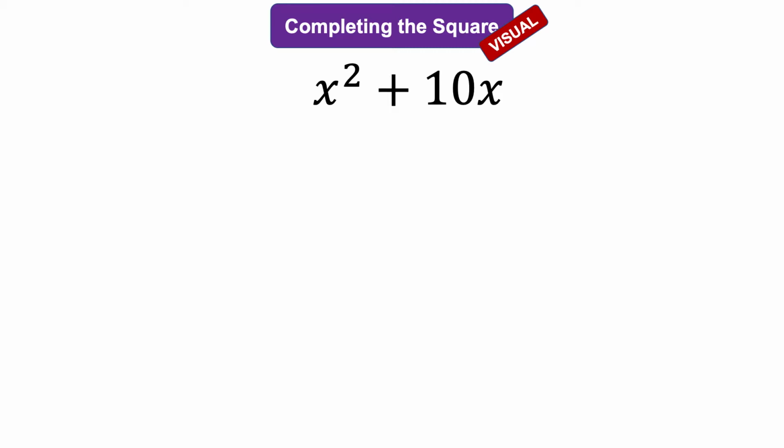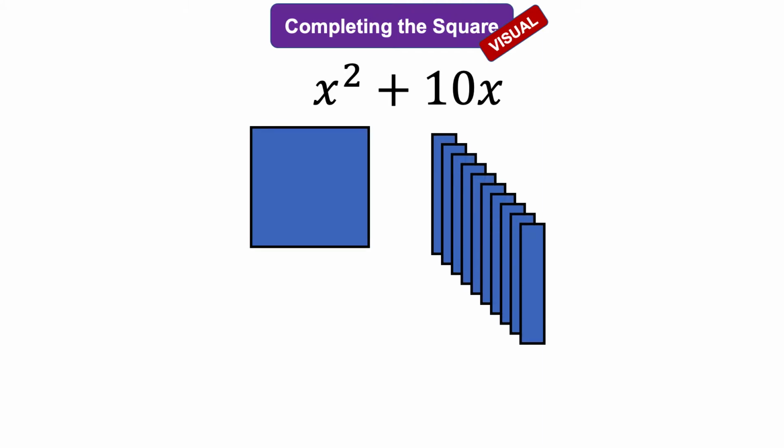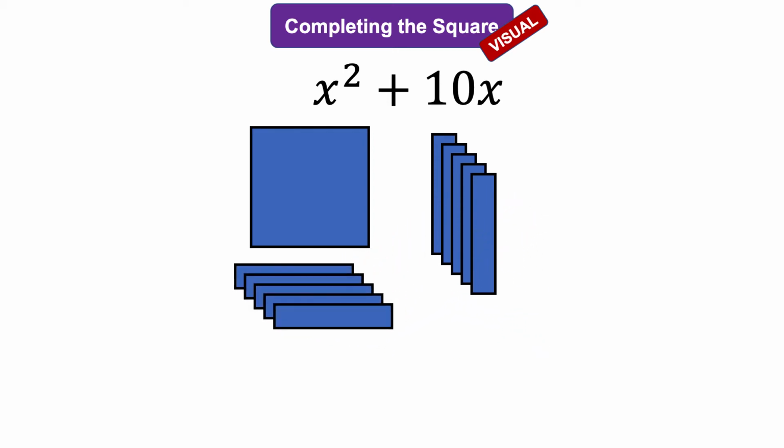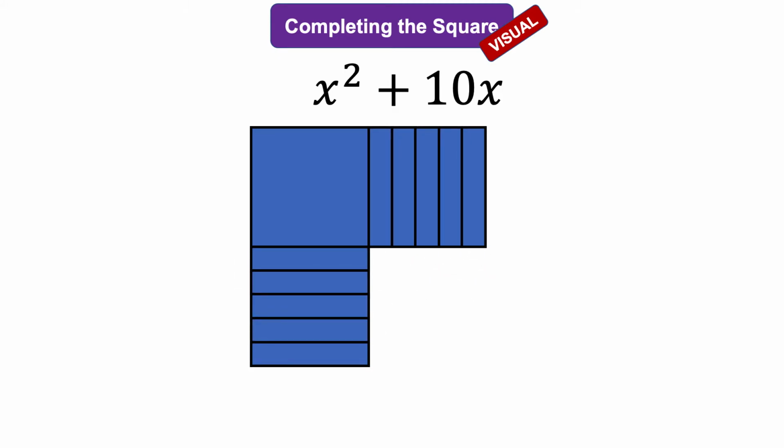So next example, x squared plus 10x. Again, we have 1 x squared. We have 10 x's. So what we're going to do here is, like last time, we're going to go ahead and split those 10 x's into 2 groups. That way we can have nice, neat groupings on both sides and make a perfect square. And again, once we split the 10, we have a 5 by 5 square here.